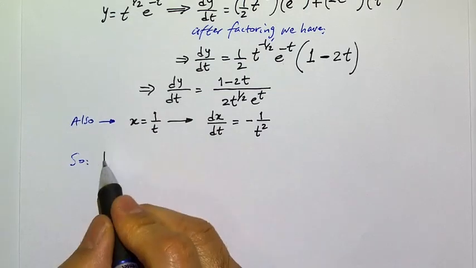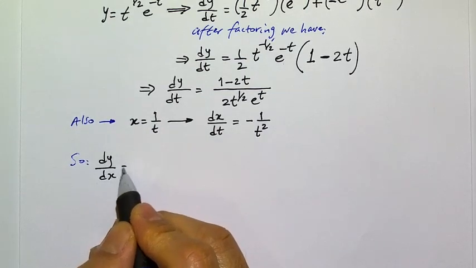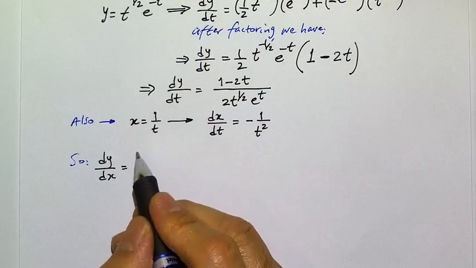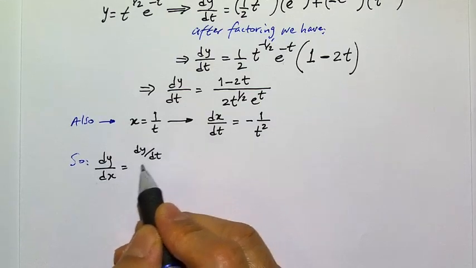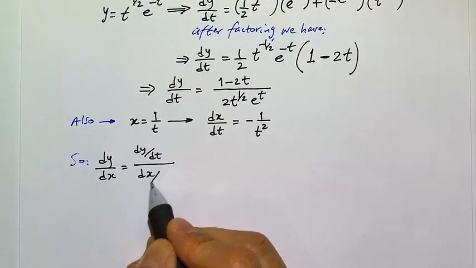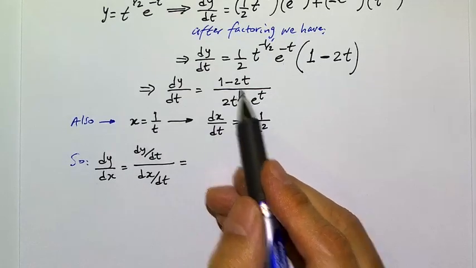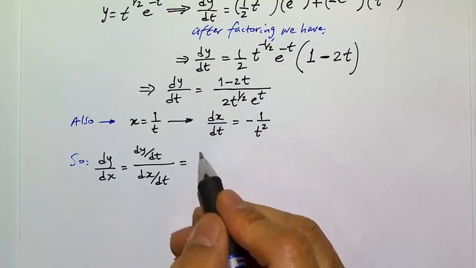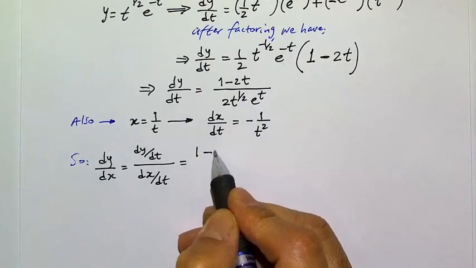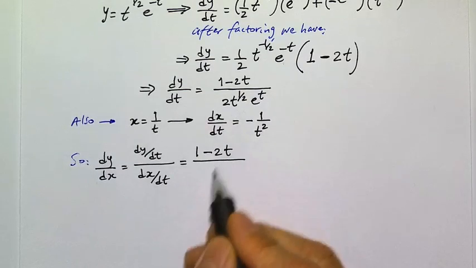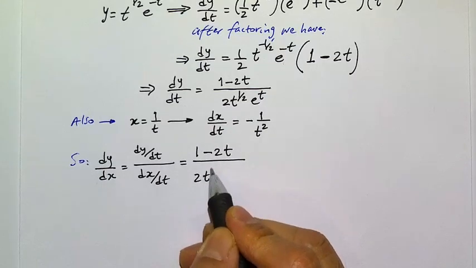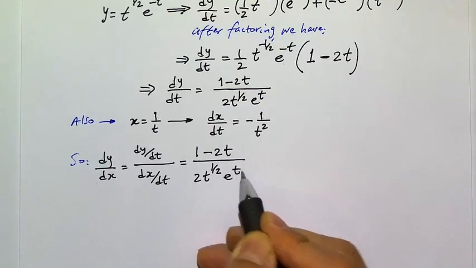So we have dy/dx equals, using our formula, right? That. So we have all of this, which is 1 minus 2t divided by e to the t.